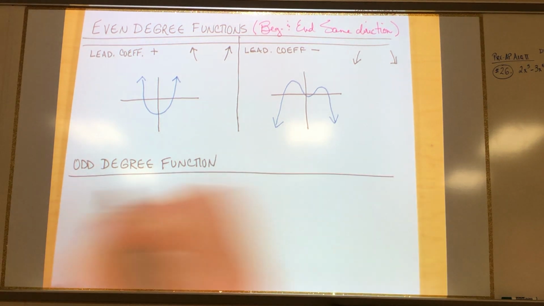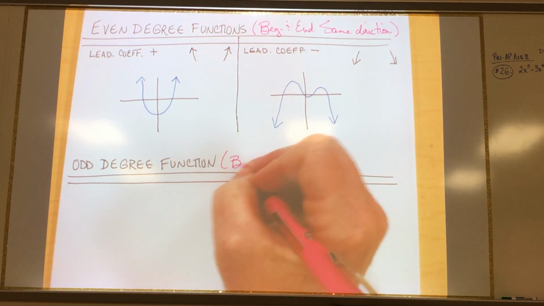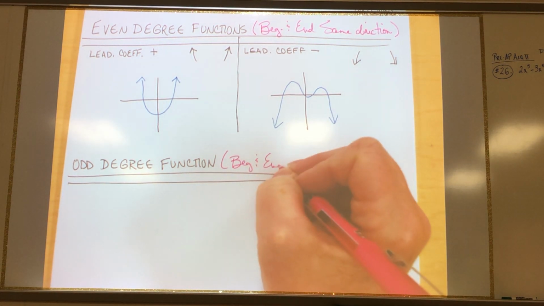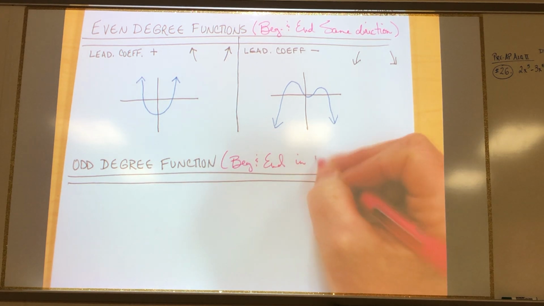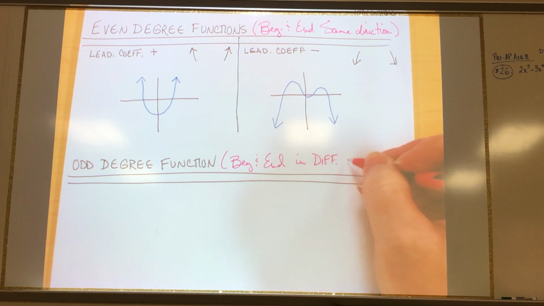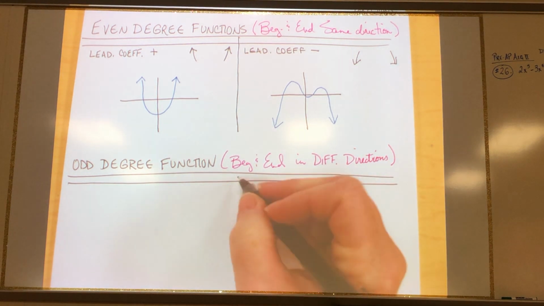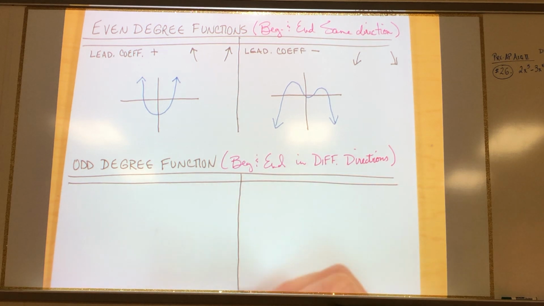Okay, now what do we know about odd degree functions? Okay, so they begin and end in different directions, or opposites. I don't care which word you use, it's your notes. Okay, so we're going to do the same thing. We're going to make us a little chart.